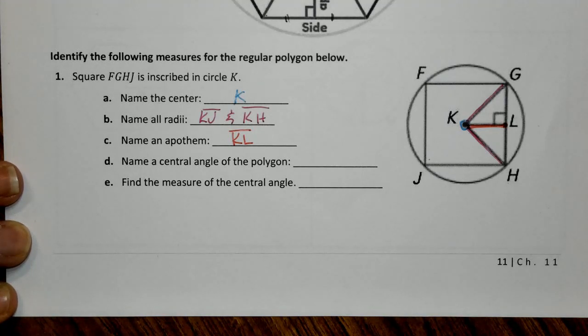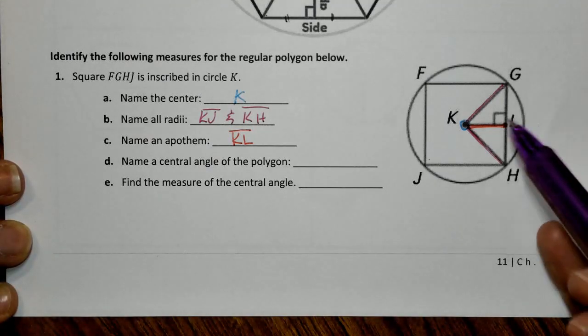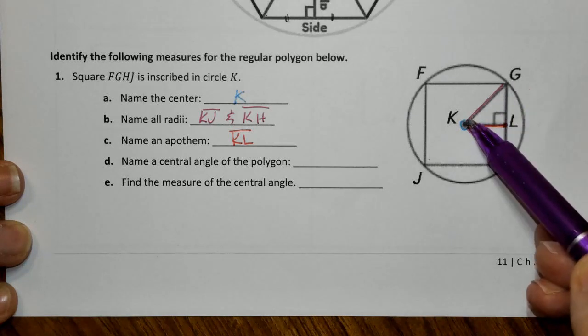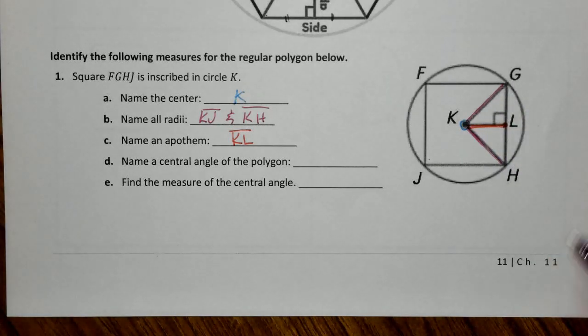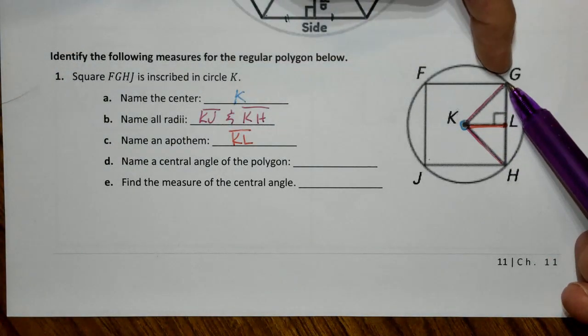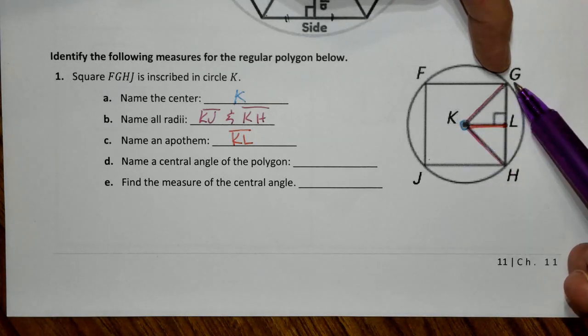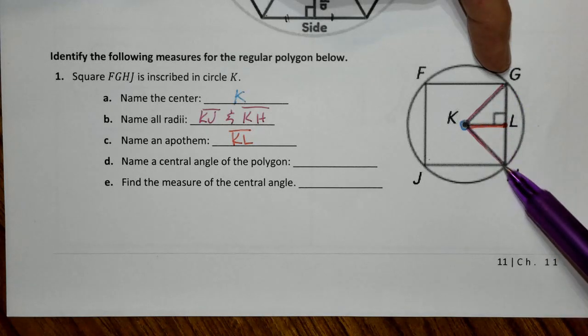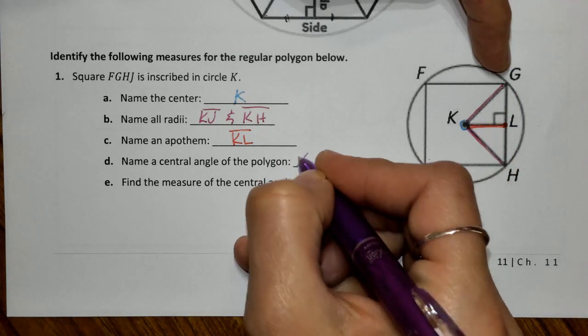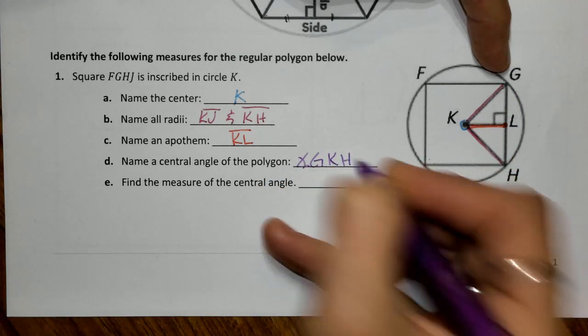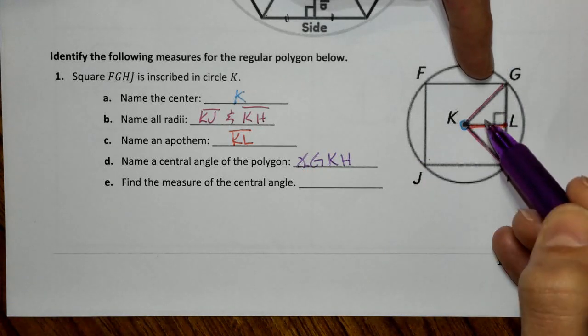We're going to name a central angle. So if we look right here, it's not going to be angle GKL. I need you guys to understand that the central angle is going to be formed by two radii right here. So we've got angle GKH. Make sure that we're seeing how that central angle goes right here.